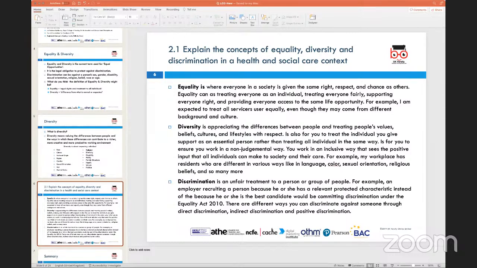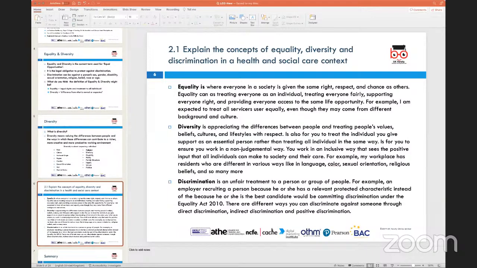Now, we see the implementation of diversity happening in government offices and places because every government building needs to advertise that they have access for wheelchairs, that the facilities or the premises have access available for people with disabilities.